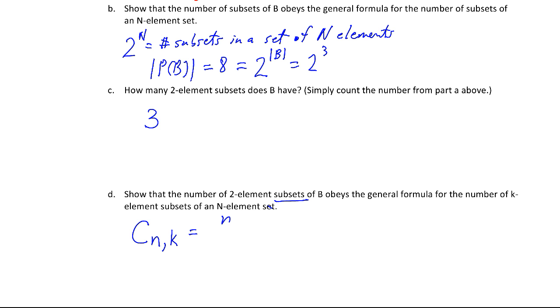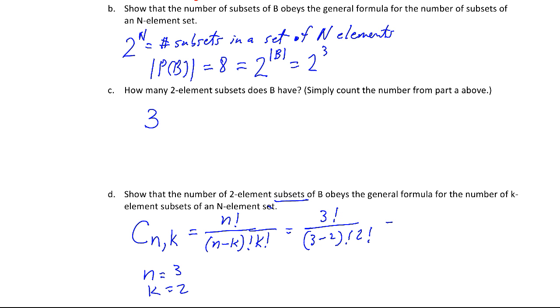So this is n factorial over (n minus k) factorial times k factorial. Here we have n equals 3 and k equals 2. So we have 3 factorial over (3 minus 2) factorial times 2 factorial, which is 3 times 2 times 1, all over 1 factorial, which is 1, and 2 factorial, which is 2 times 1. And you see that this does equal 3, and it works.